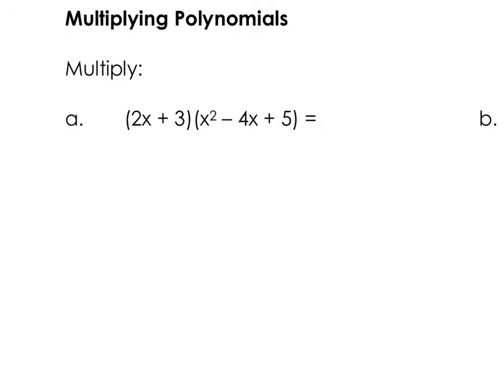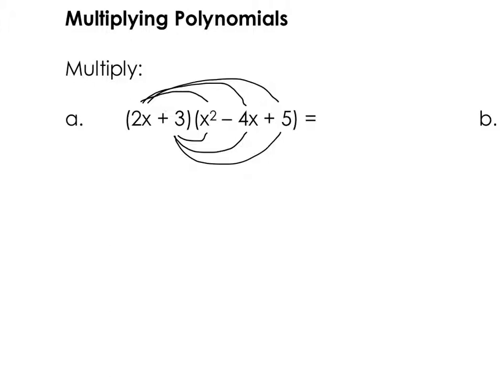Oh my goodness, how do you multiply a binomial times a trinomial? There are two methods that I can think of. The first, I like to call the spaghetti method. You have to multiply each term in the first polynomial times each term in the second polynomial.